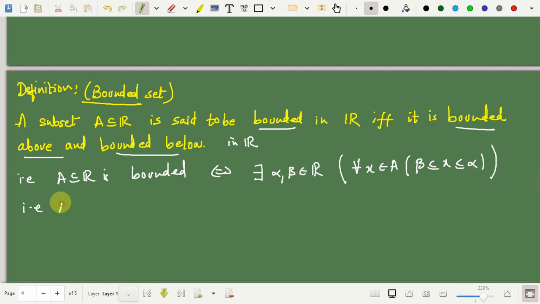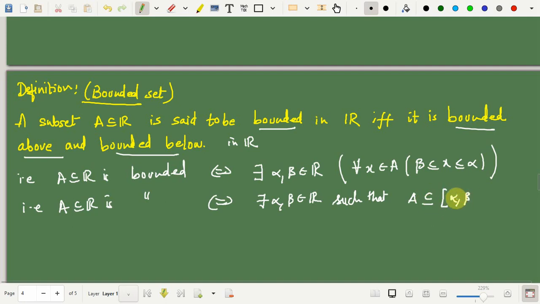So, A, a subset of R, is bounded if and only if there exists alpha comma beta in R such that this A is entirely lying in the closed interval beta comma alpha, yes, because beta is less than alpha. Okay. So, this is what it would mean geometrically.